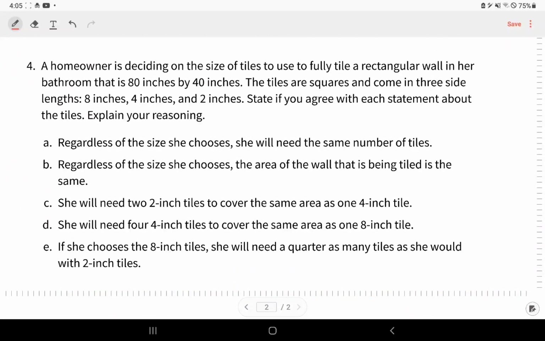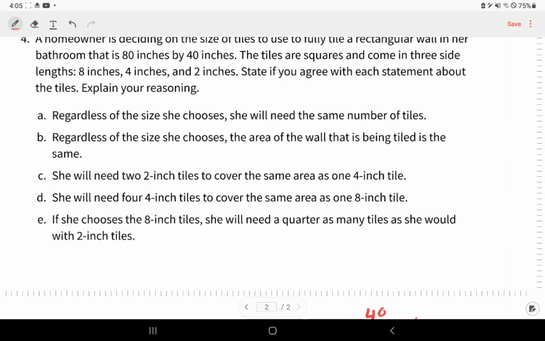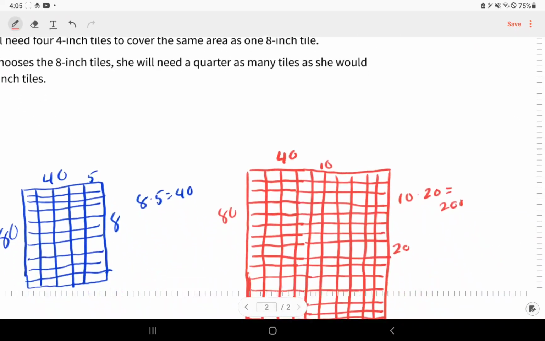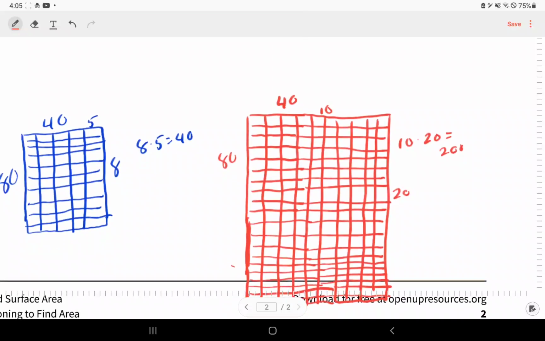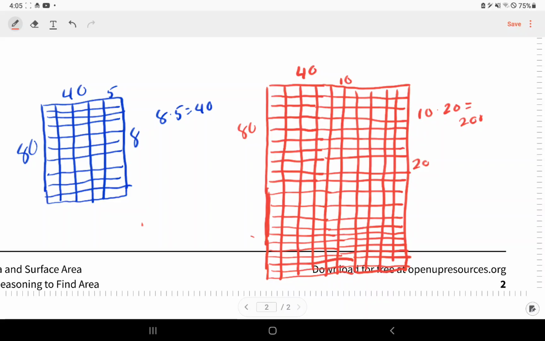And so then if I used 2-inch tiles, I would have to do even more, because 2 goes into 80 40 times, so I'd have to go 40 by 20, which would be 800.